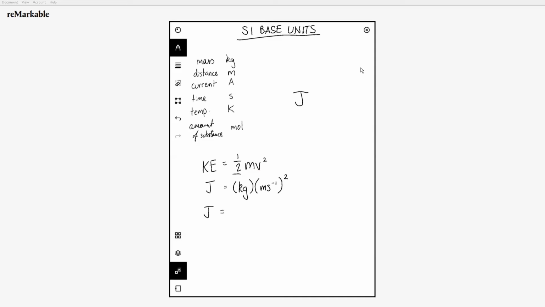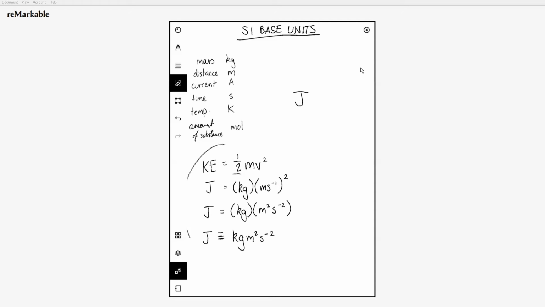So then you've got kilograms times, and if you square something in a bracket, you've got to square each term. So then it's m squared s to the minus 2. So that means that joules is equivalent to kg m squared s to the minus 2. Easy as pie.